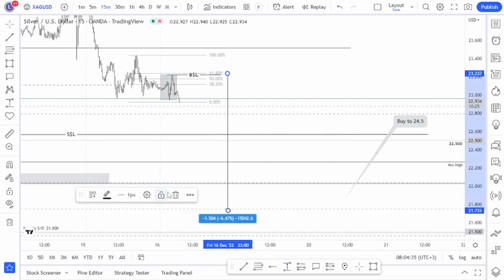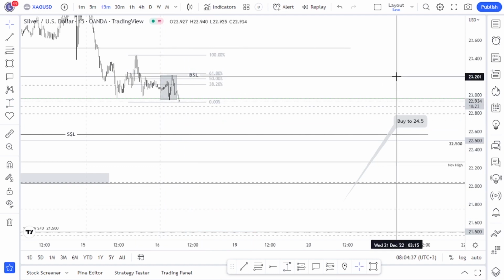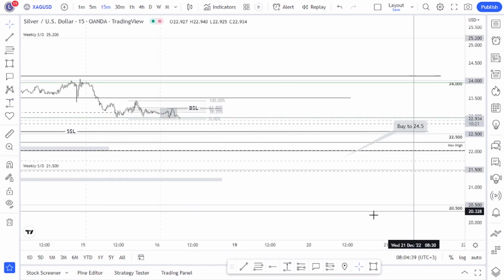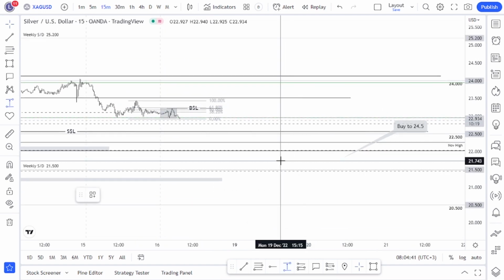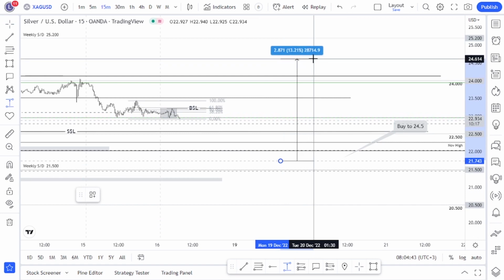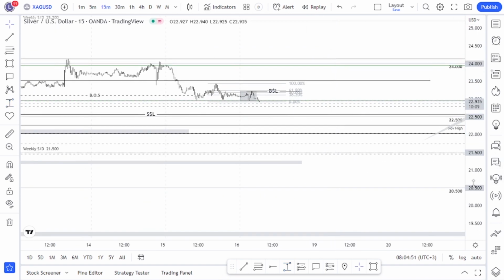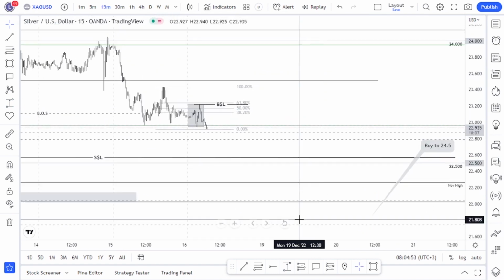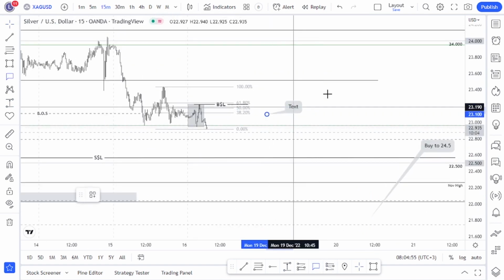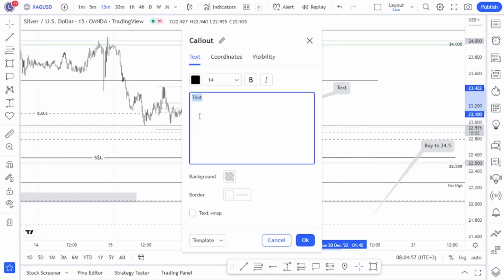That's 1500 pips, and then we take a long-term move from here to here, which is 2000 pips, 2700. So that's a lot of pips, even depending on your lot size. That's a big bag.